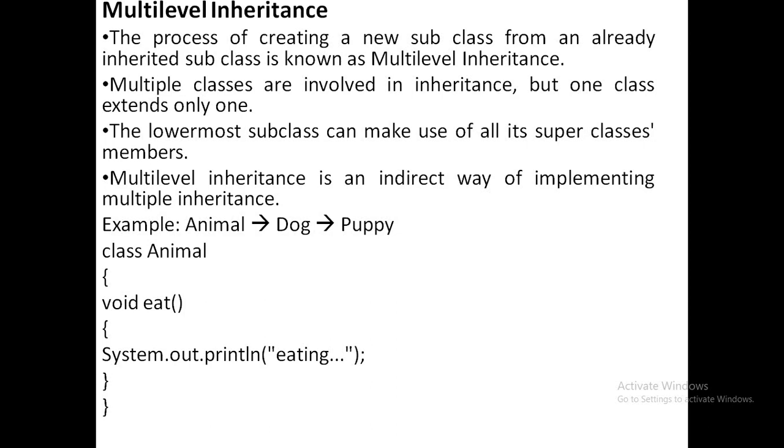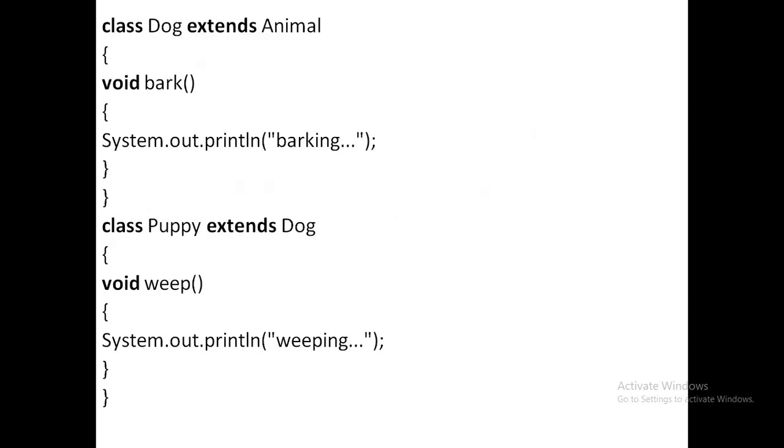In this example, Animal is a base class. It has a subclass Dog, and this Dog is acting as a base class for its subclass Puppy. In the base class Animal we have a method eat, and in the subclass Dog, which is extending the base class Animal, we have a method bark.